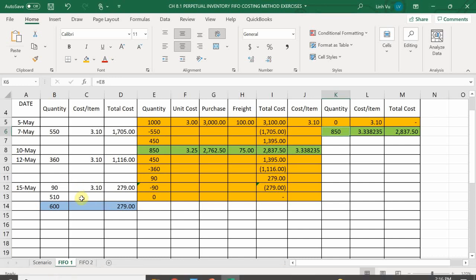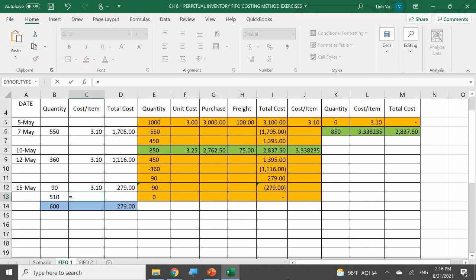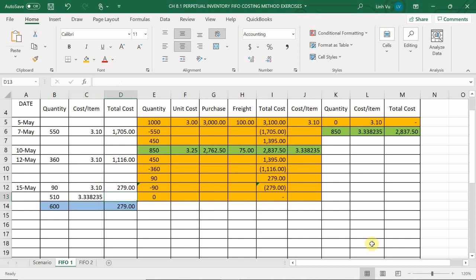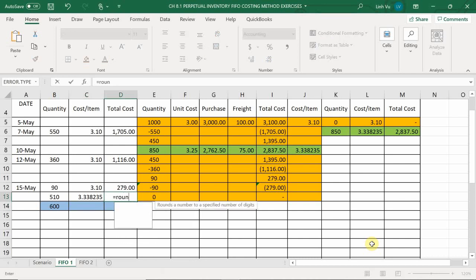And in this case, my cost per item for the green batch is what? That is 3.338235. And what I'm going to do is round it to the nearest penny.